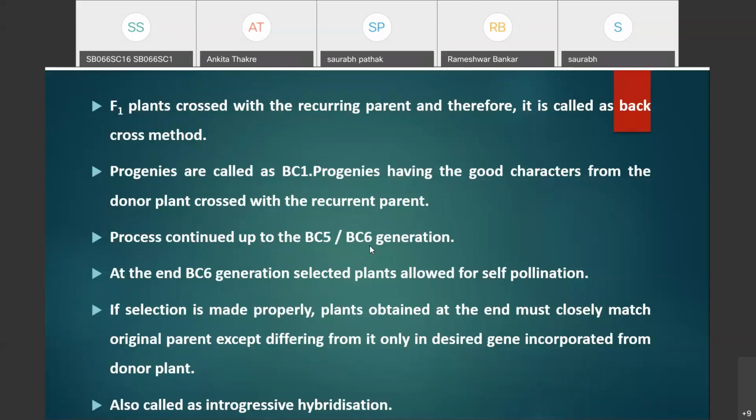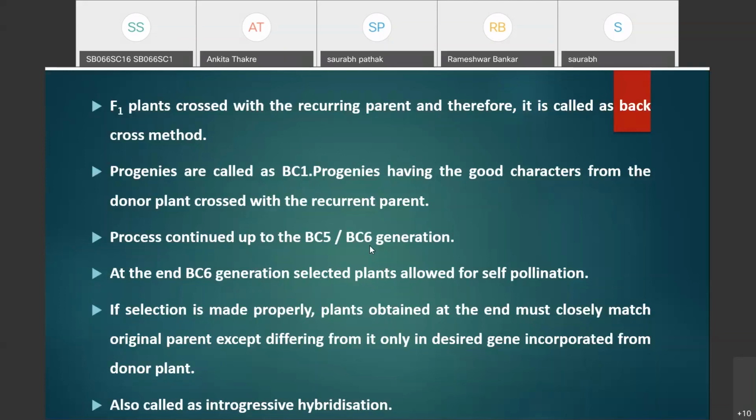Don't forget that in each generation, the plants possessing the desirable characters of the non-recurrent parent, or the undesirable variety, are primarily selected, and these are crossed with the recurrent or commercial variety.